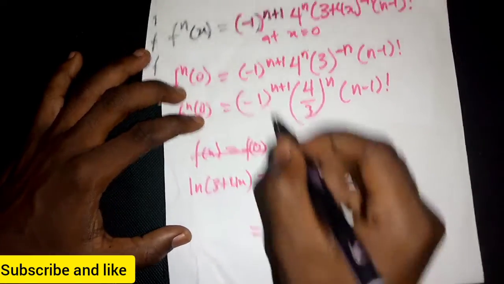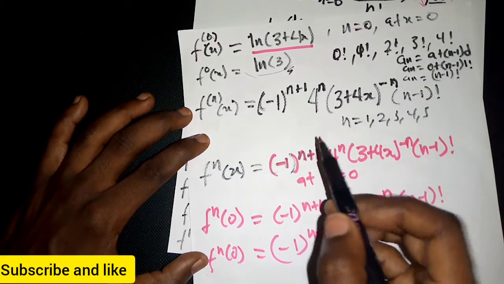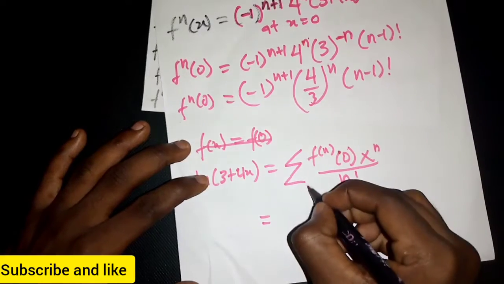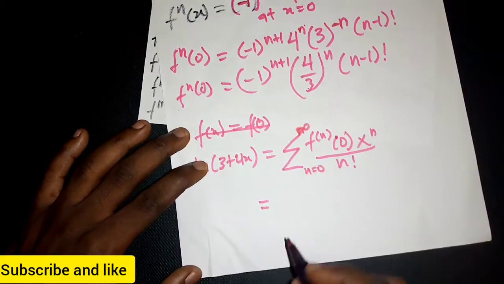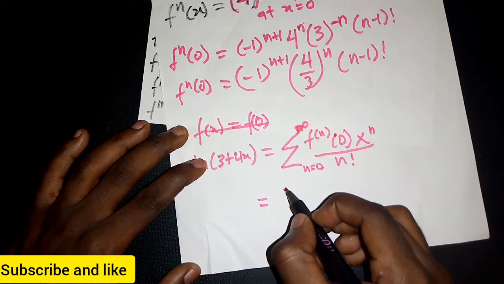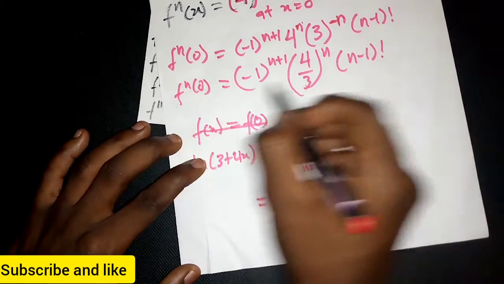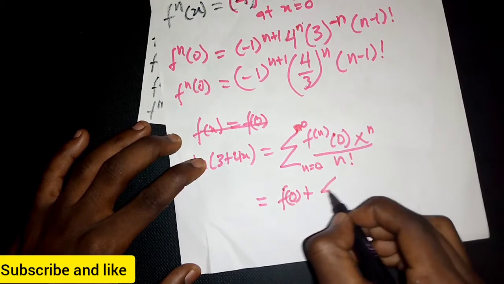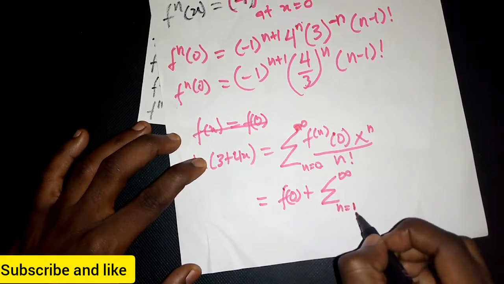So now the first term we add over here when n is 0, because it's starting from when n is 0. So when n is 0, and n goes up to infinity, then we can have our first term as f of that. Now the second term, we had a general formula for that, so we can write that, but this time it is when n is starting from 1.